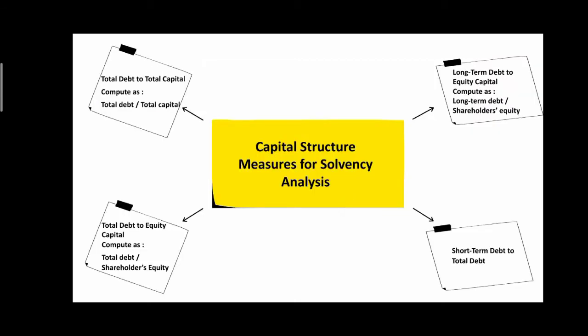Okay, next is capital structure measures for solvency analysis. Capital structure ratios are another means of solvency analysis. Ratio measures of capital structure relate components of capital structure to each other or their total.